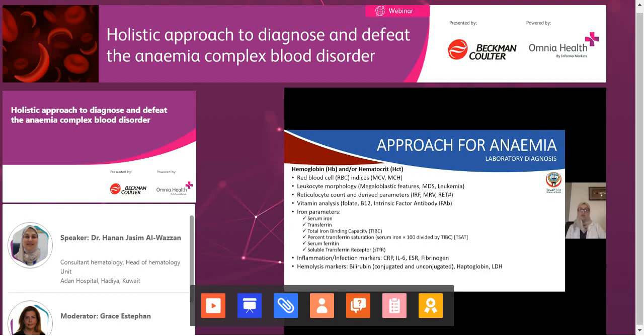Reticulocyte count and its derived parameters, like immature reticulocyte fraction, mean reticulocyte volume, or reticulocyte number, are also helpful.